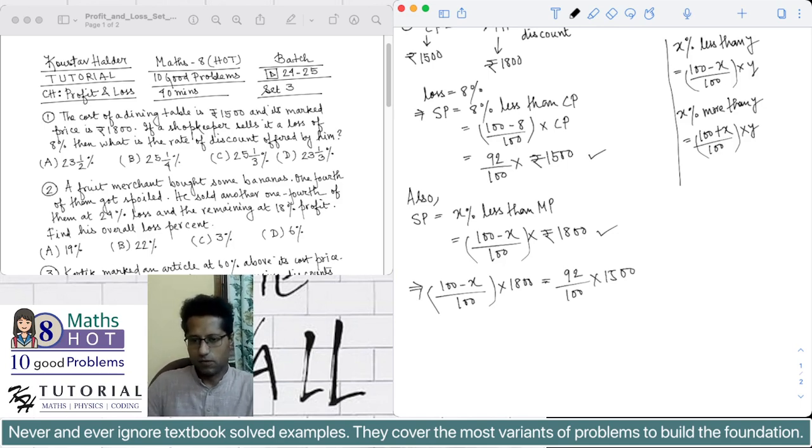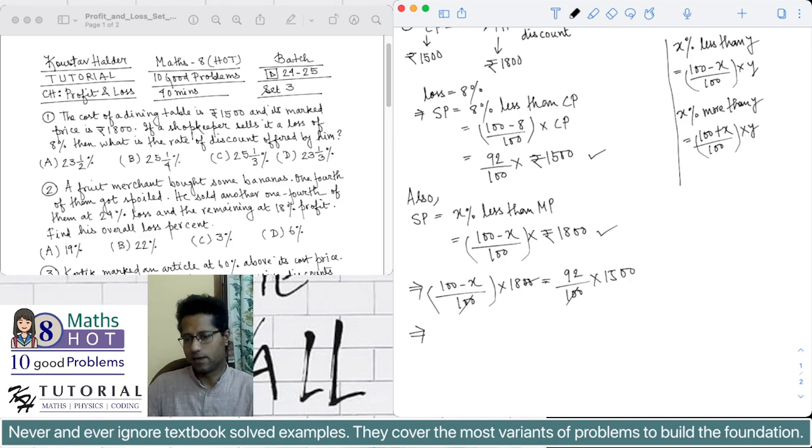We can easily solve for x, but before solving for x, you can see we can cancel a lot of things. First of all, we can cancel the denominator 100 from both sides. By cancelling the denominator 100 from both sides, I mean I can multiply both sides of this equation with 100 and the 100 will get cancelled out. Also, I can cancel the two zeros from the 1800 and the 1500 from both sides.